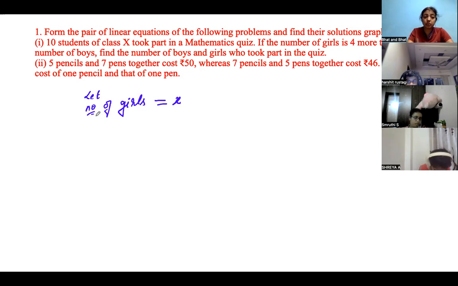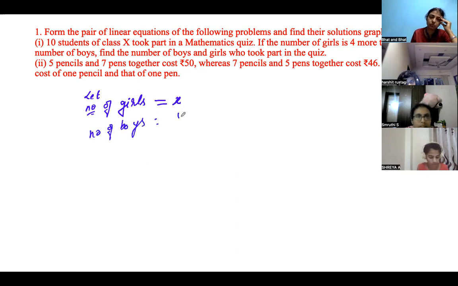The condition given here is that the number of girls is 4 more than the number of boys. Let us take the number of girls equal to x, the number of boys equal to y.